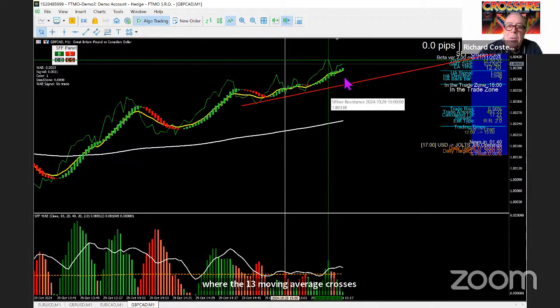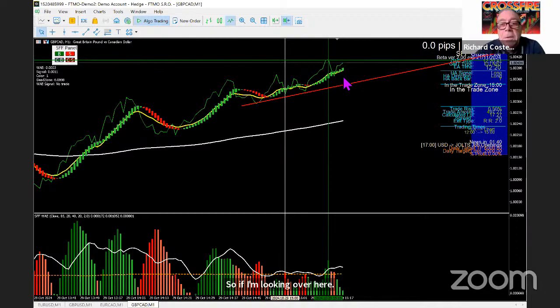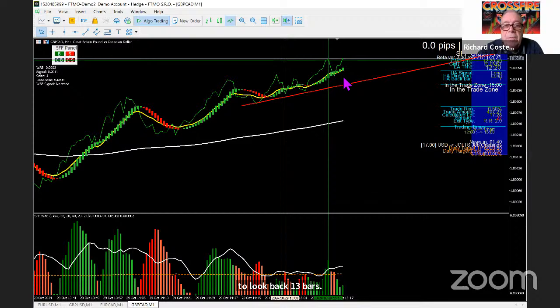So if I'm looking over here, I've set my trading assistant to look back 13 bars. And if there's been a crossover within that previous 13 bars, then it'll go on to criteria number 4. If it hasn't crossed over in the last 13 bars, then it doesn't take a trade.